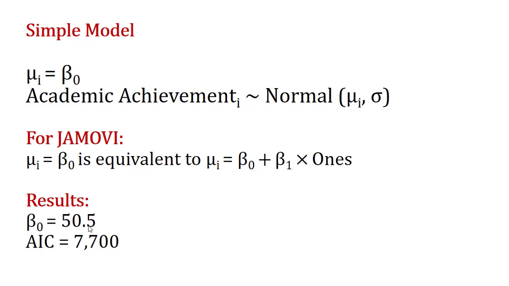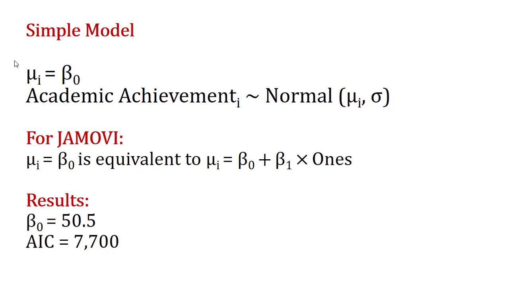So in this model we are saying that the values of academic achievement observed in this sample are not explained by any variable. So if we want to establish that there is an effect of a variable on academic achievement, then the AIC has to be lower than 7,700.